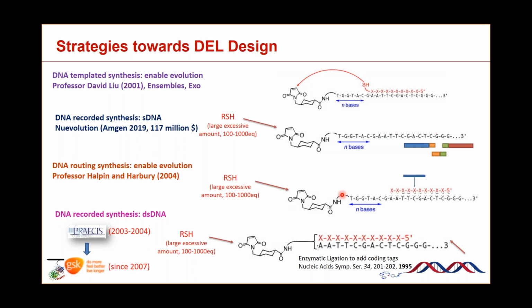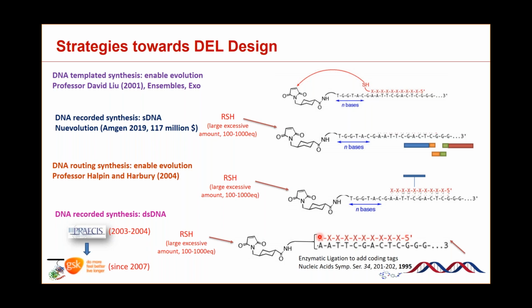At the same time, my former colleagues, who did research at GSK, in 2003 to 2004 came up with the idea of having one terminal base already fixed by double-stranded DNA.